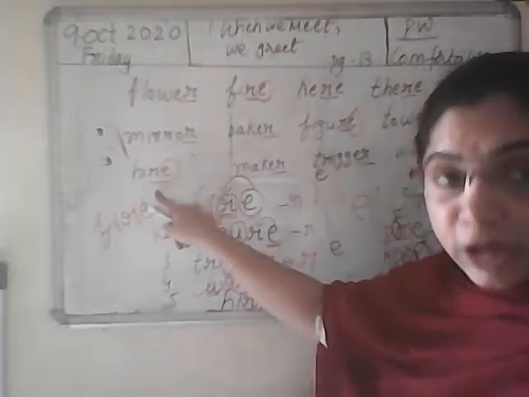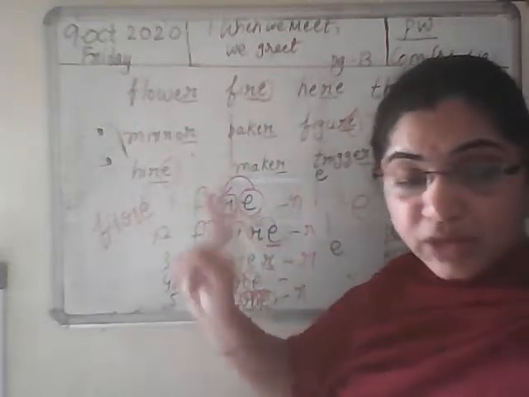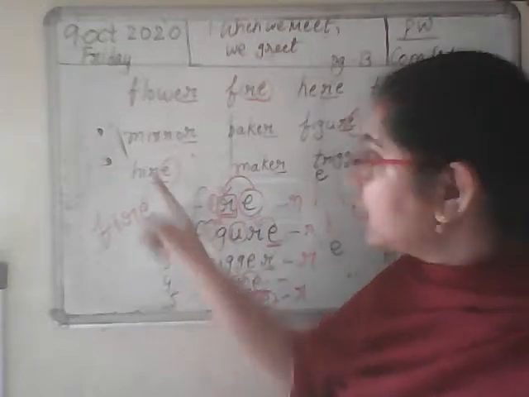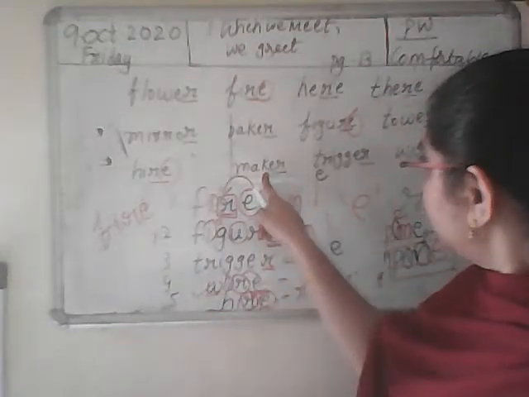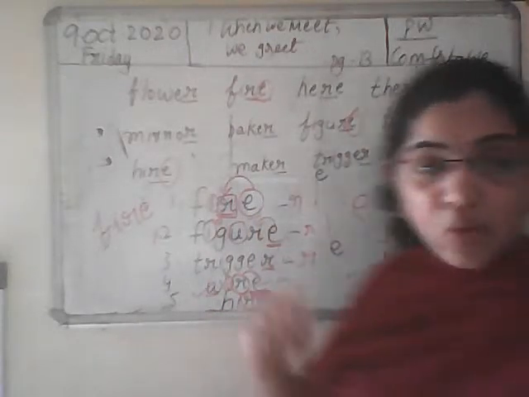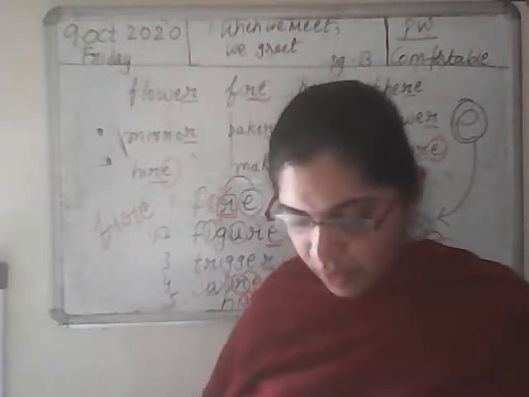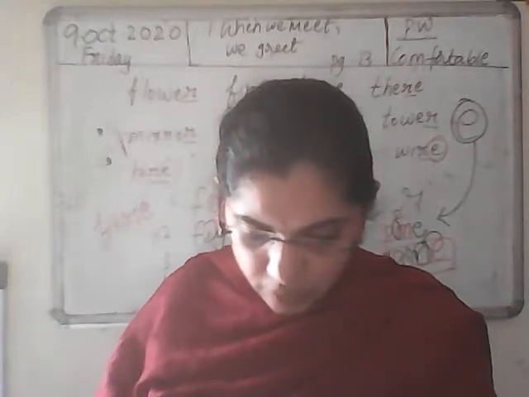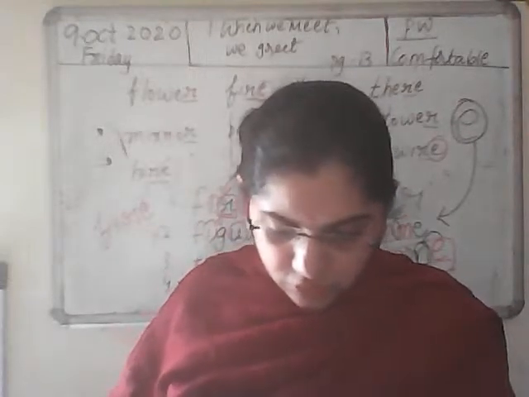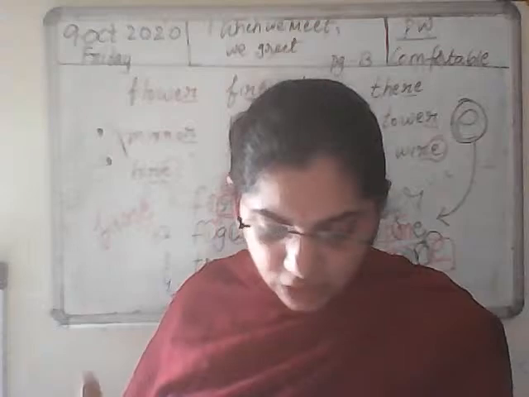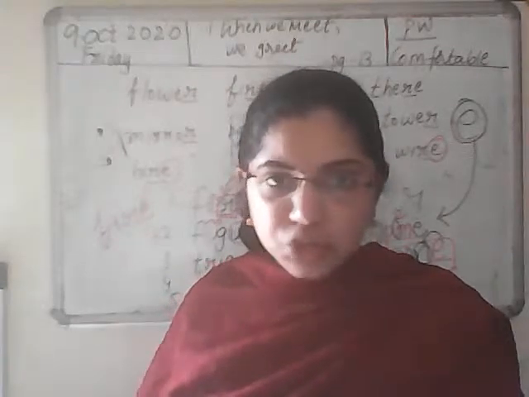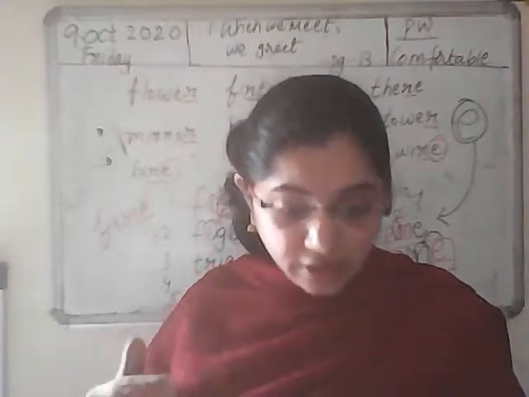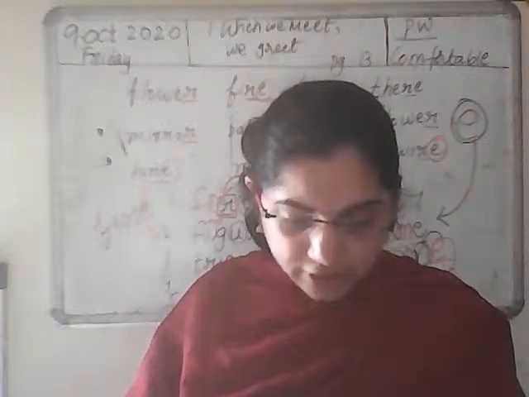Tower, higher, E is there, but we are actually not pronouncing E. Higher, maker, trigger, and wire. So I want you to say the words. Which sound do you hear at the end of each word? At the end of each word we are hearing this sound R.